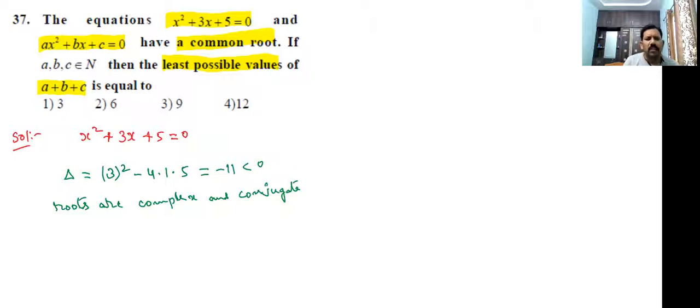Suppose the first quadratic equation has two roots, alpha plus i beta, this is one complex root, and its conjugate alpha minus i beta. But it is already given that both quadratic equations have a common root. Suppose alpha plus i beta is a common root.